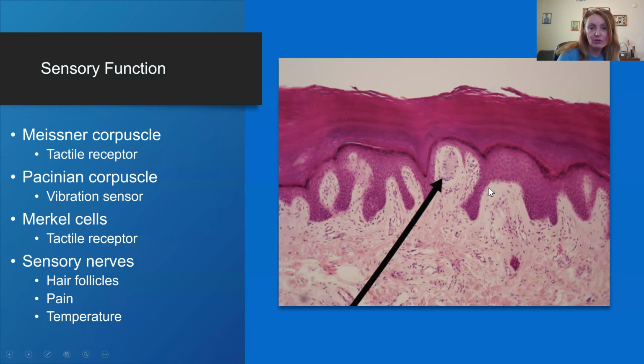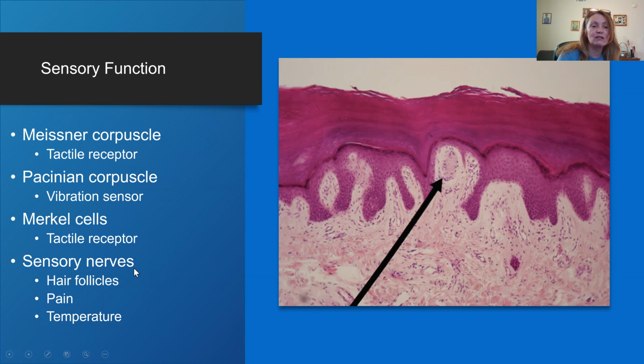Okay, so we also mentioned that there is a sensory function of your skin. So we have several sensory receptors. We have tactile receptors or Meissner corpuscles. This arrow shows us the Meissner corpuscle. We have Pacinian corpuscles, not shown here, but they are deeper in the dermis, and this is a vibration sensor. We have Merkel cells that are in the epidermis, in the stratum basale, and we have sensory nerve endings in the hair follicle.